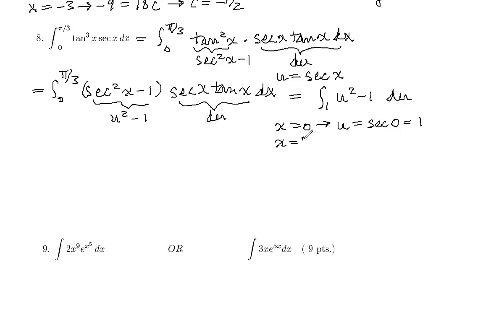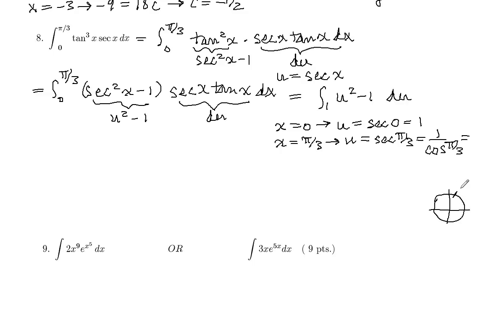So if x equals pi over 3, then our u is going to be secant of pi over 3, which is going to be 1 over cosine of pi over 3. Remember, secant's reciprocal of cosine. And then recall the cosine of pi over 3 is, let's see, what is cosine of pi over 3 again? 1/2, I believe.